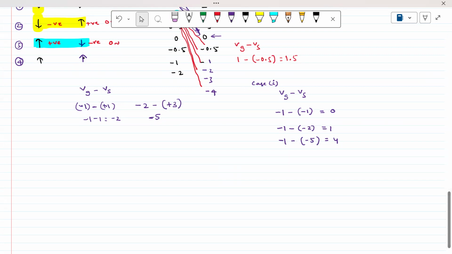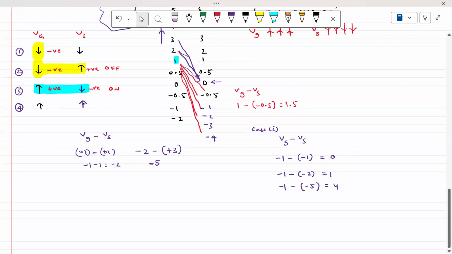But what we can say is, if the source potential is decreasing in the negative direction more than that of the gate, definitely the MOSFET is said to be off. Sorry, I'm so sorry, it is on condition. If the source potential is more negative than the gate potential, the MOSFET is said to be on.